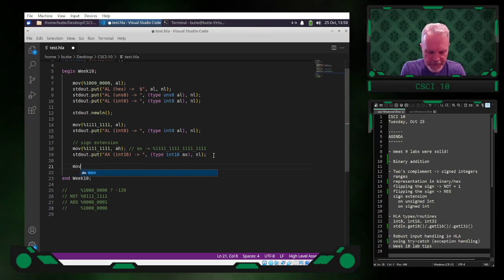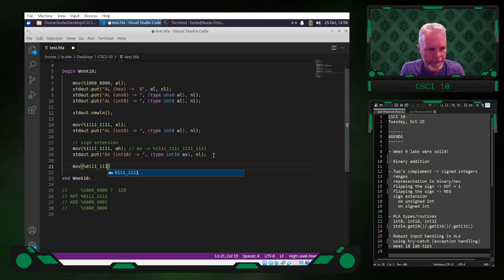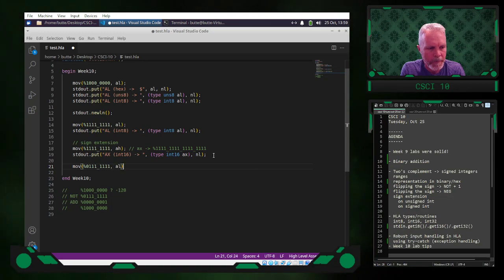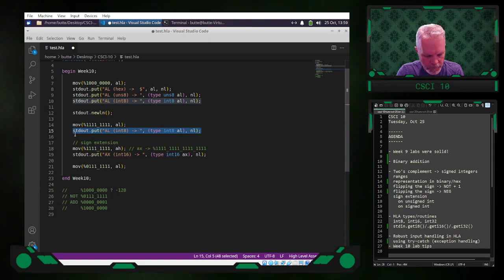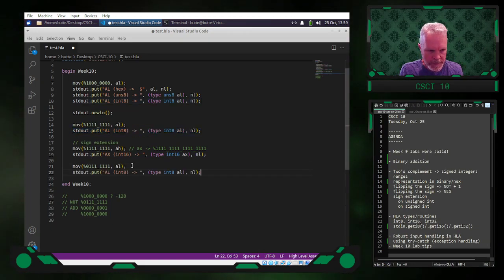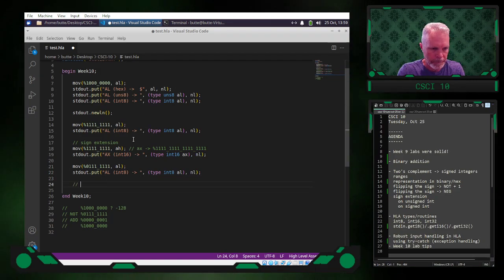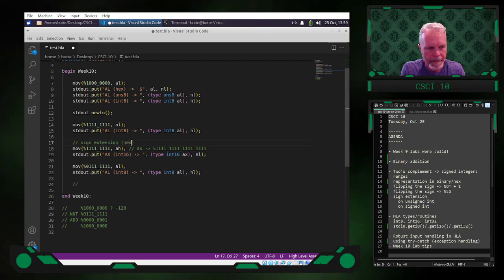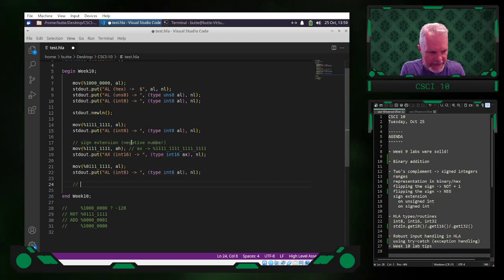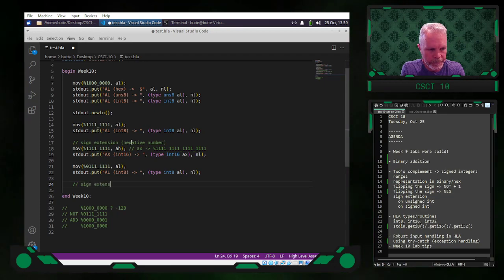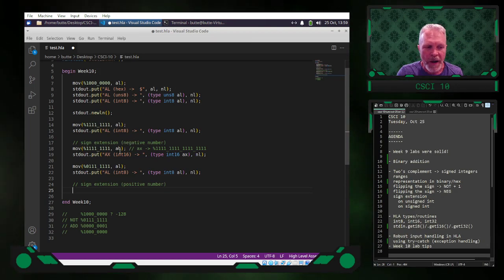If we start with a positive number, this is 127. If we sign extend a positive number, it's the same process.